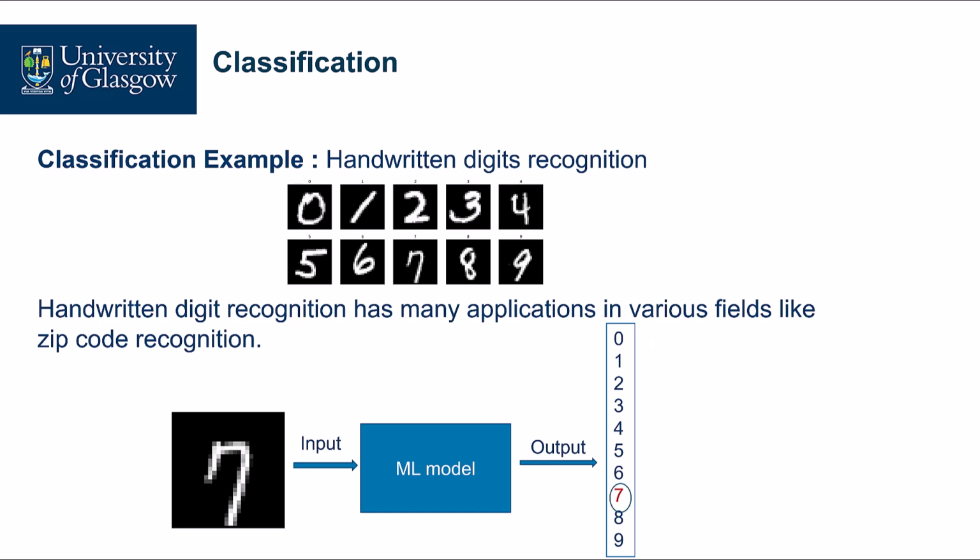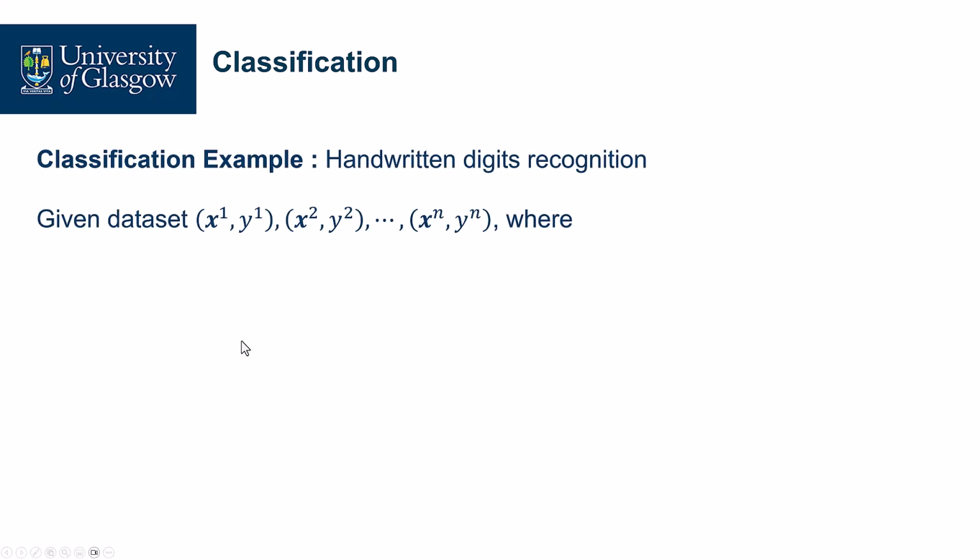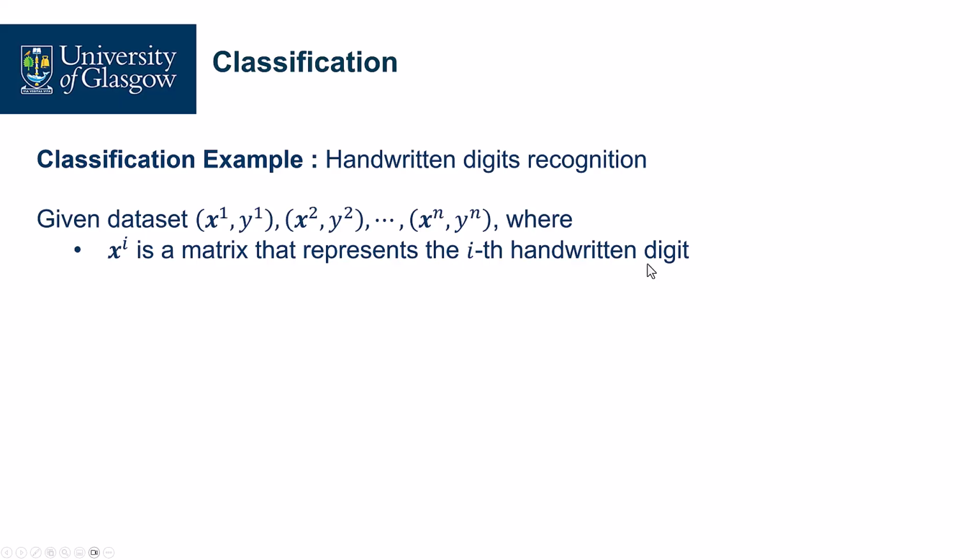Okay, so now we can make this problem more mathematical, right? We give a data set x1, y1, x2, y2 to xn, yn, right? So what is xi? This is a matrix that represents the i-th handwritten digit, the feature vector, right? The yi is the label of the i-th handwritten digit, right? So one vector, one label.